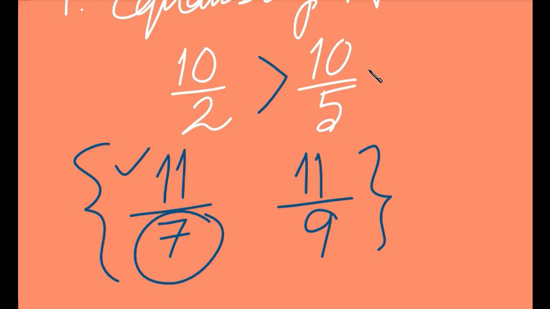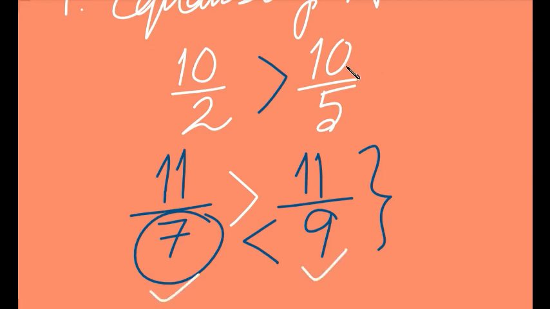I'm just repeating so that things are clear to you. So 7 is the denominator of the first fraction and 7 is less than 9, right? So the first fraction will be greater than the second one, because in the second one the denominator is larger than in the first one.